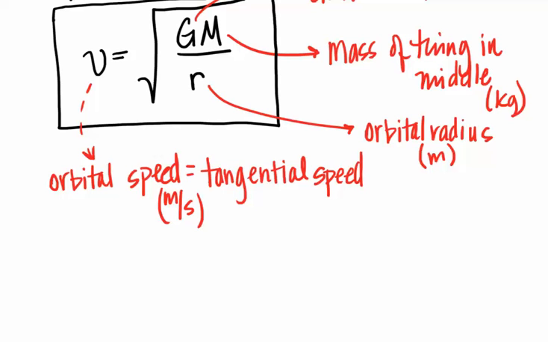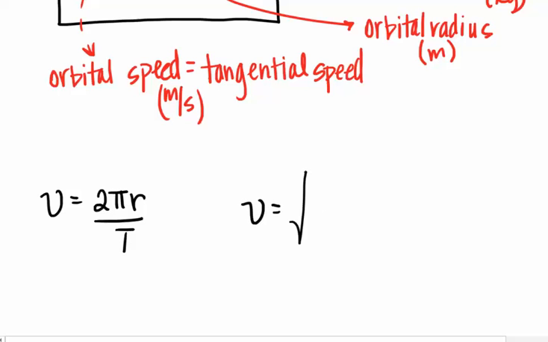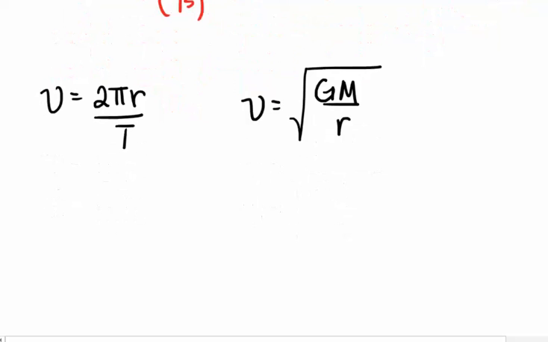But if I'm going to figure out their orbital speed, I'm probably going to have to watch their path, figure out the radius, and use the period, because the orbital speed would also be 2 pi r over period. So what if I just combine those two? If the orbital speed or tangential speed is 2 pi r over period, and the orbital speed for a satellite is the square root of GM over r, can I just set those equal to each other?